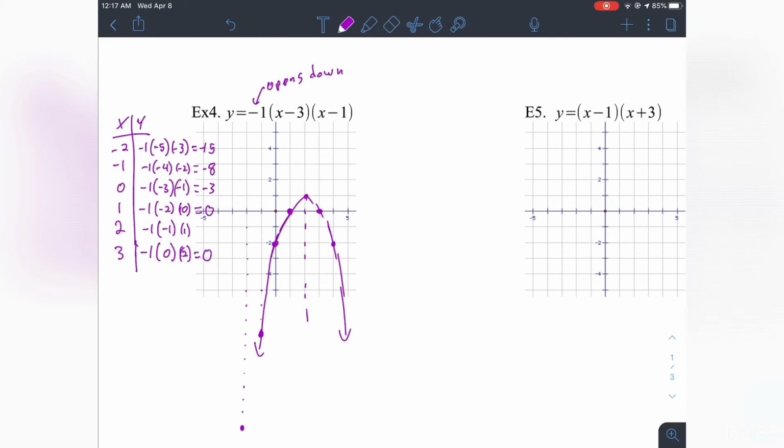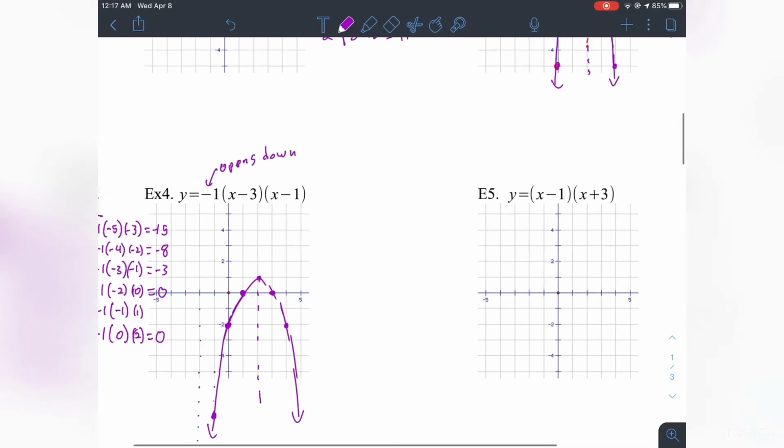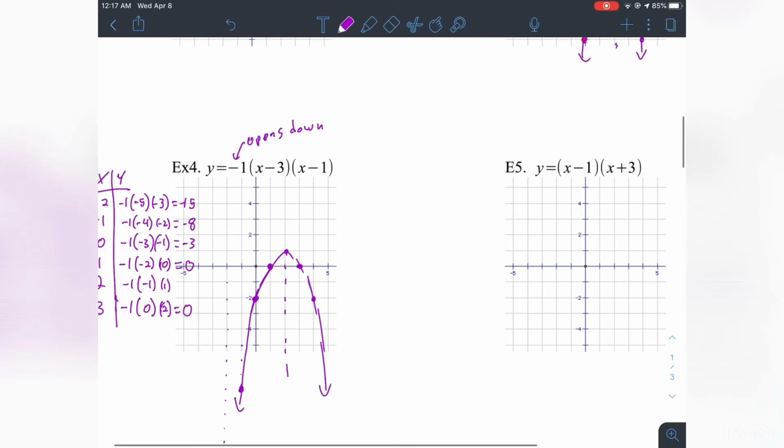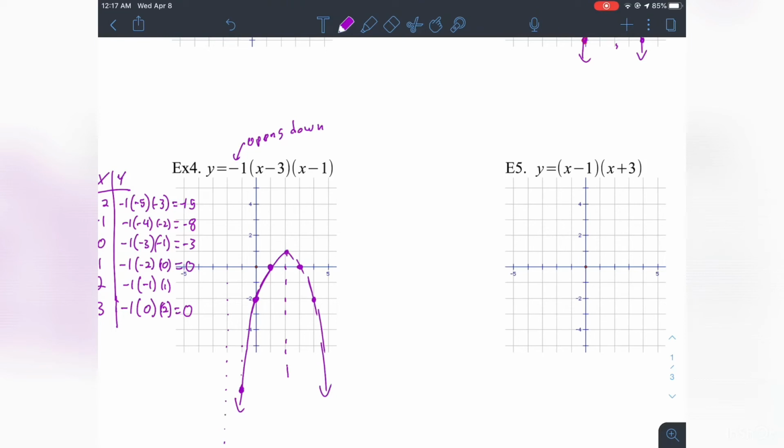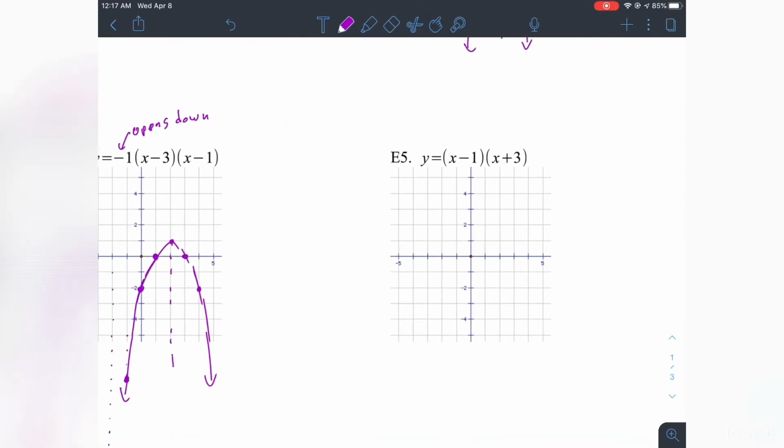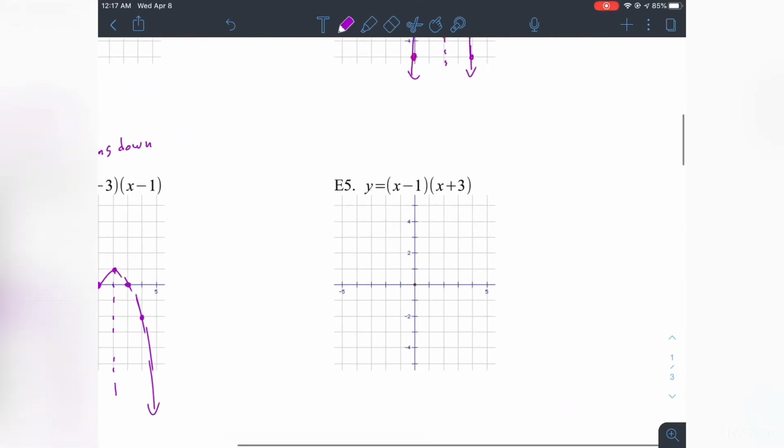Okay, now, if all of that guess and check was a little much for you, there is a way to try to figure things out. If there's 2 parentheses, the things that make y 0 will be the x-intercepts.